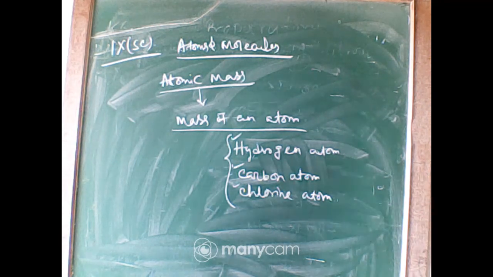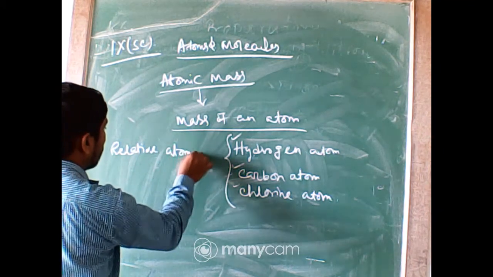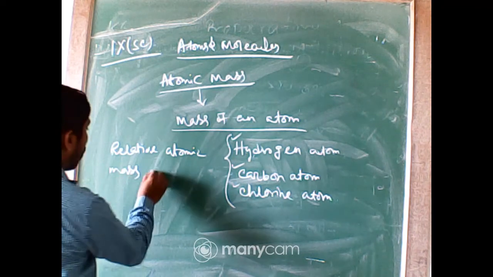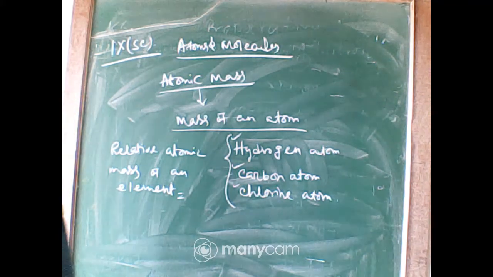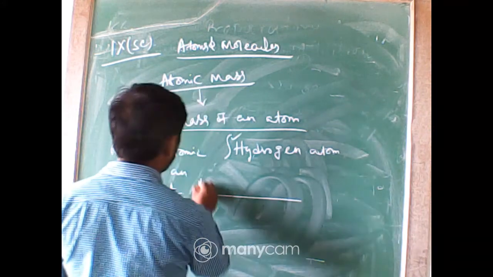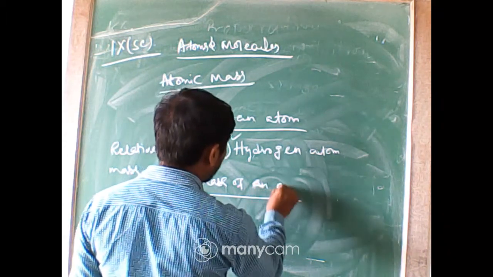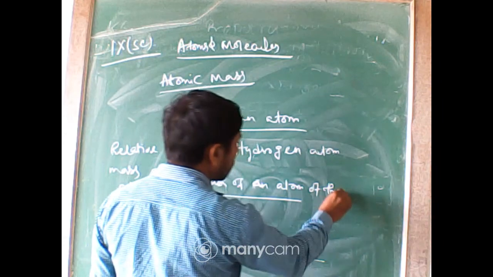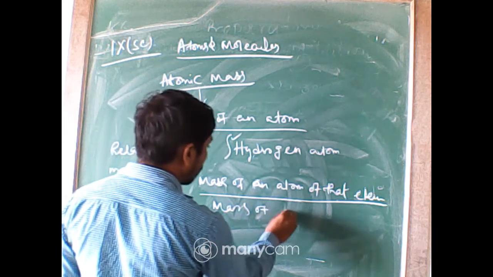So the relative atomic mass of an element is equal to the mass of that species divided by the mass of one hydrogen atom, which is equal to the mass of one atom of that element divided by the mass of one hydrogen atom.